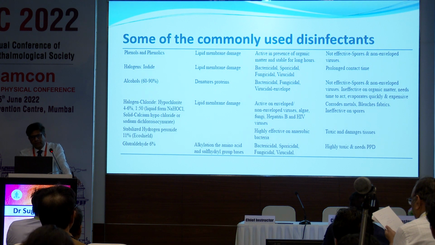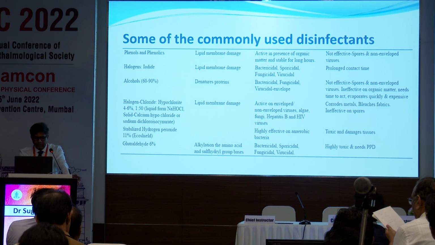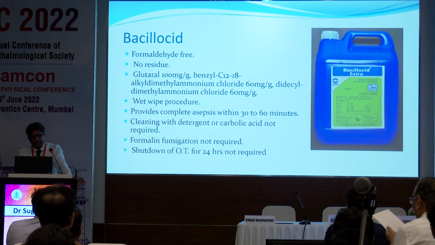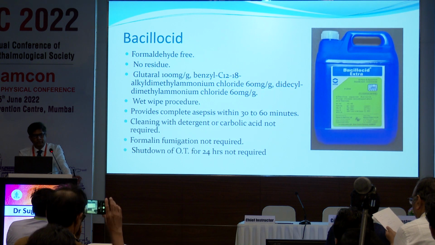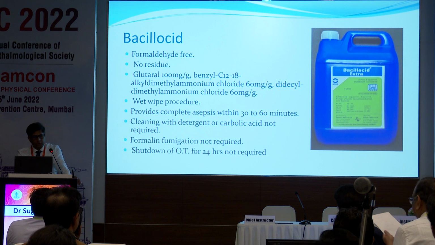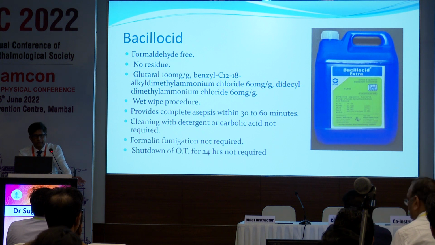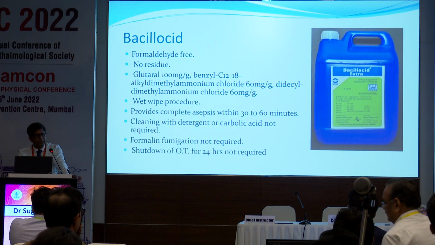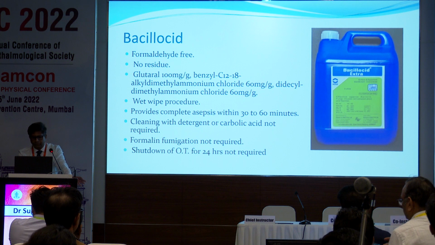Now, these are some commonly used disinfectants which are normally used in India and how they work. We normally use bacillocid, which is formaldehyde-free, and it can be used in the white wipe procedure. The process provides complete asepsis within 60 minutes, and formalin fumigation is not required when you are using this.